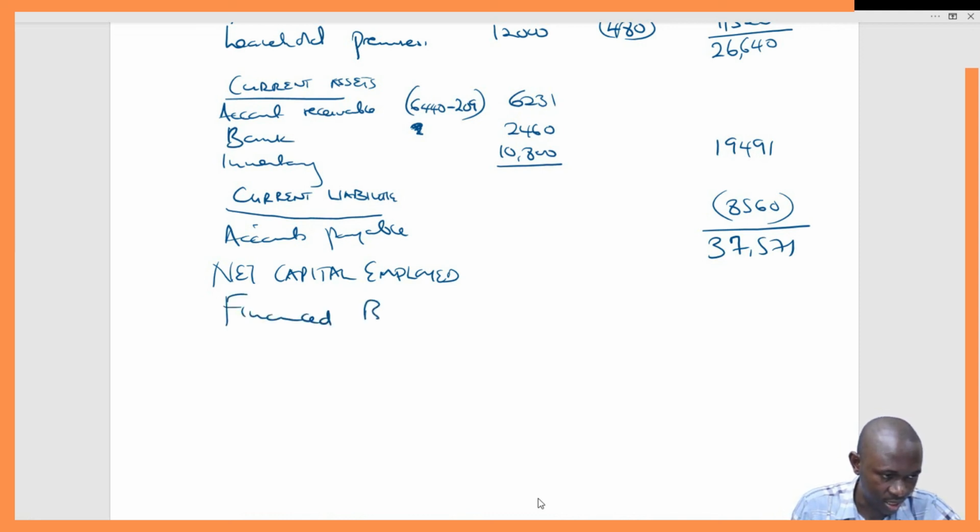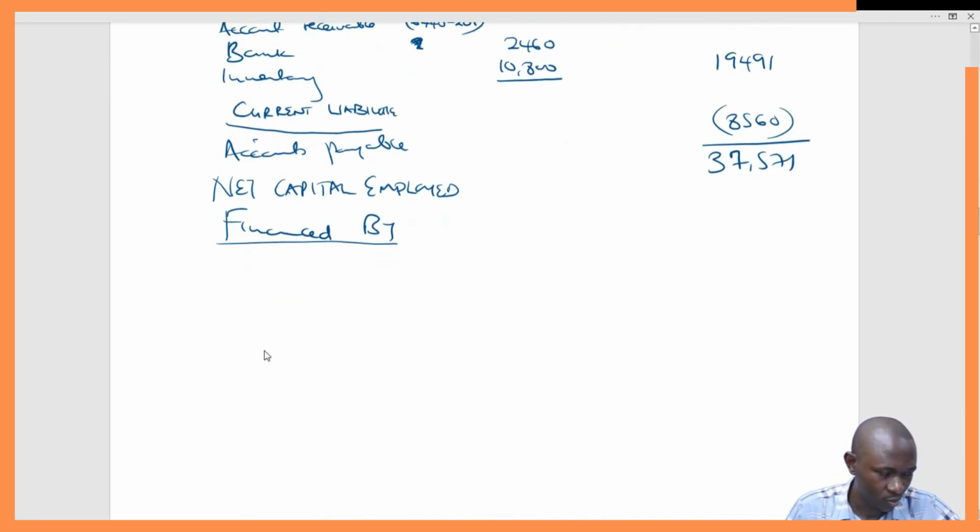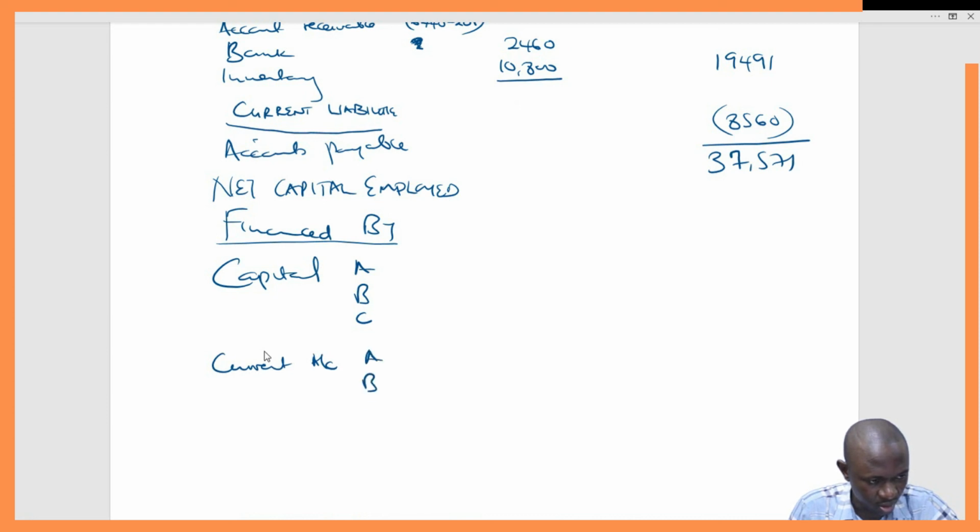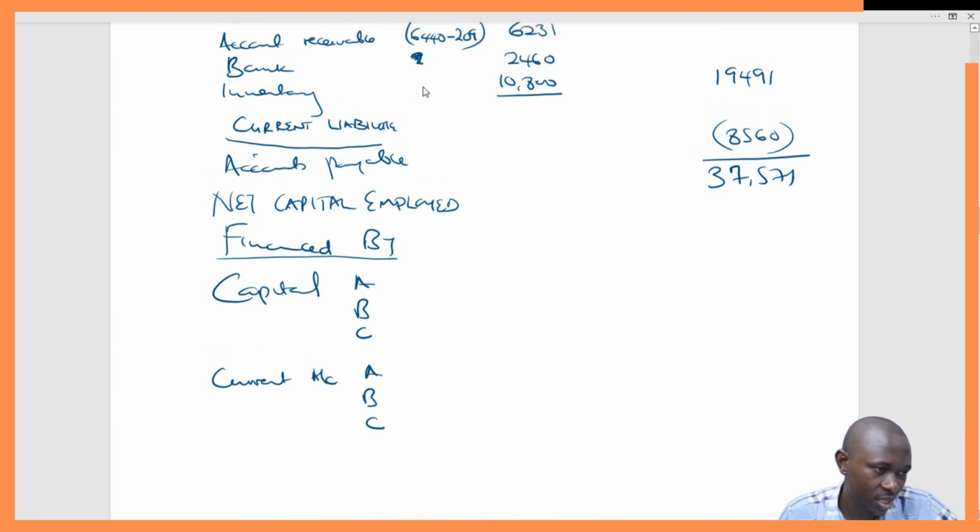Financed by. Now, the financed by section will have the capital account, and then we'll have the current account. So capital A, B, and C, and then current account A, B, and C. So we just go back to the accounts.